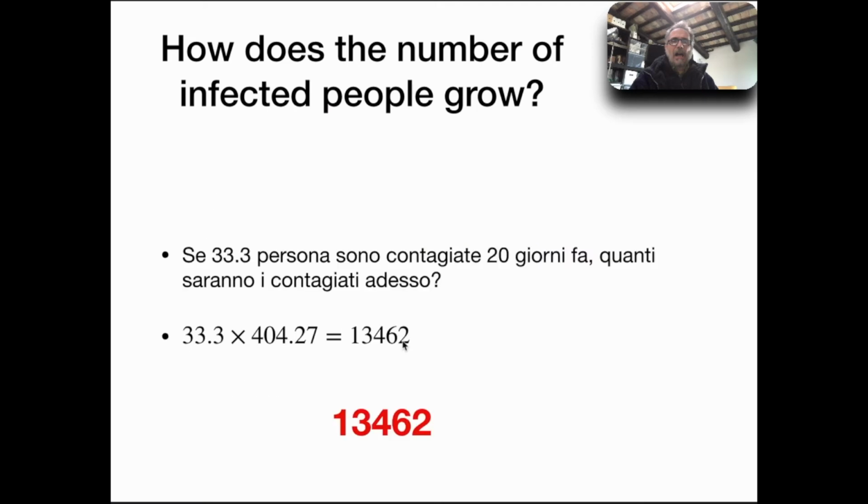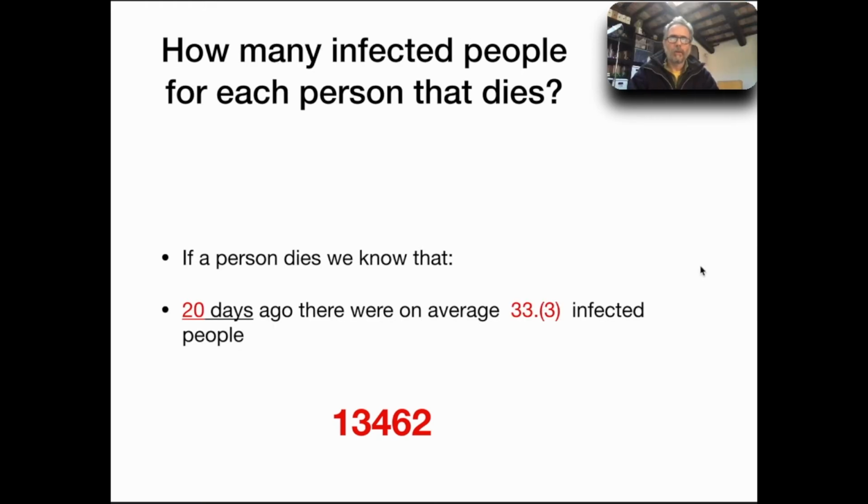When we multiply this, we obtain 13,462 people that are infected. So for every person that dies, we can assume that there are around 13,462 people. This is with an average growth of the virus of about 35% a day.